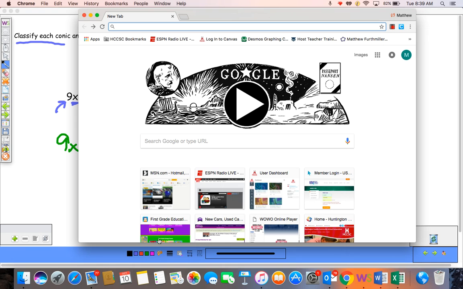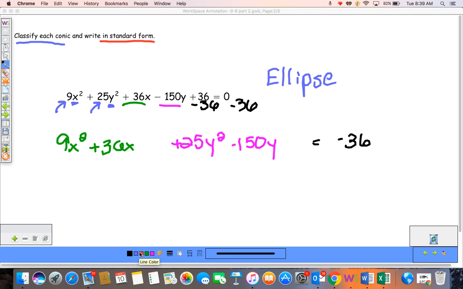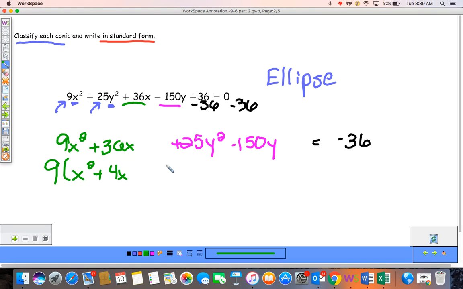Now we're going to take these and put these into complete the square, which to get it in standard form is what we're going to do. So I'm going to factor out the 9 here. Leave my space like I have already.